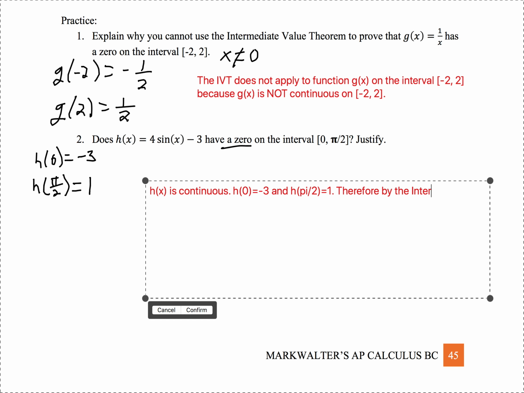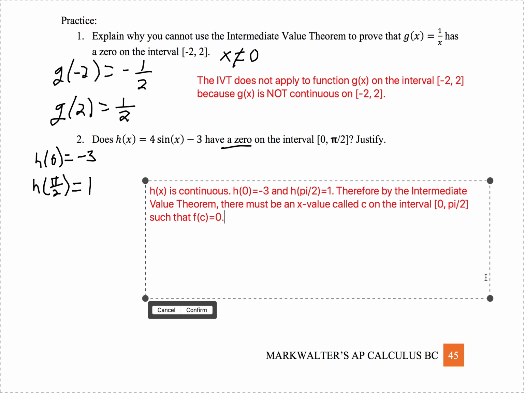Therefore, by the intermediate value theorem, there must be an x value called c on the interval 0 to pi over 2 such that f of c equals 0. There we go.